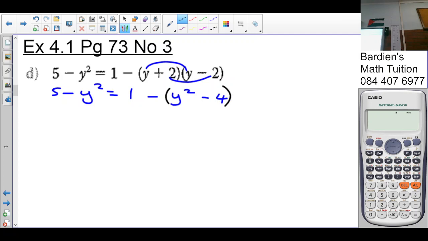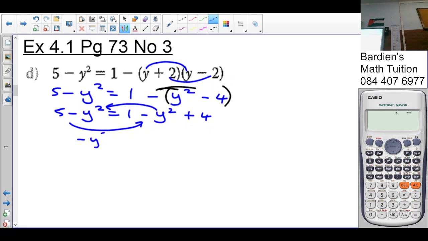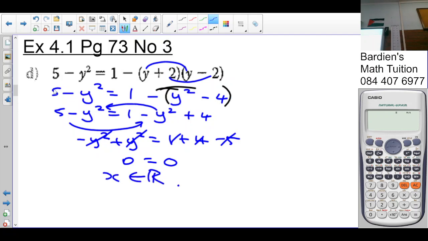Yeah, more than one term following a negative sign, put in a bracket. The negative must be multiplied. 5 minus y squared equals 1 minus y squared plus 4. Y is one side, number is the other side. So minus y squared plus y squared equals 1 plus 4 minus 5, which is negative y squared plus y squared, 0. So 0 is equal to 0. What is this? An identity. So x is an element of the reals, all the real numbers.